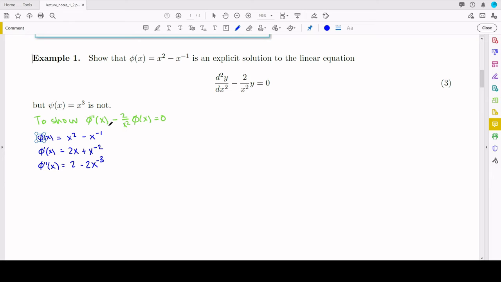Okay, so now let's plug this into our differential equation. For the phi double prime, we get 2 minus 2x to the power negative 3. And then we're subtracting 2 over x squared, and then we're setting that equal to 0.